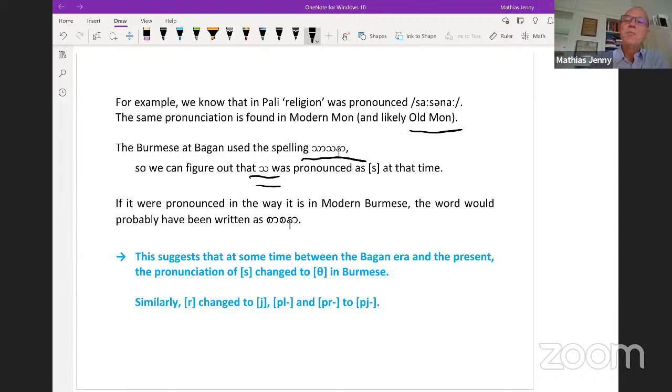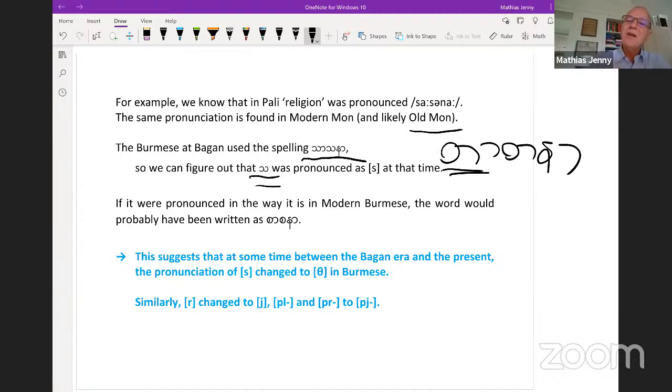Because if the Burmese had already pronounced sasana as dadana back then, they would maybe have written it like this, with ta from Mon, because this ta is closer to the Burmese pronunciation today from the Mon perspective.